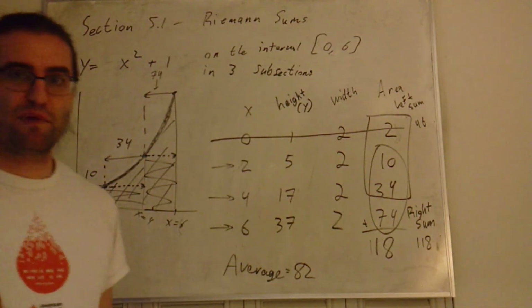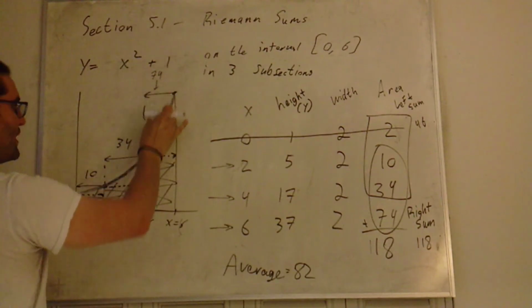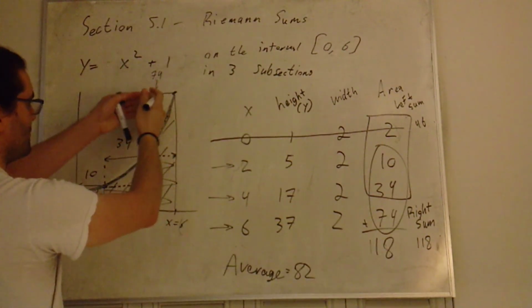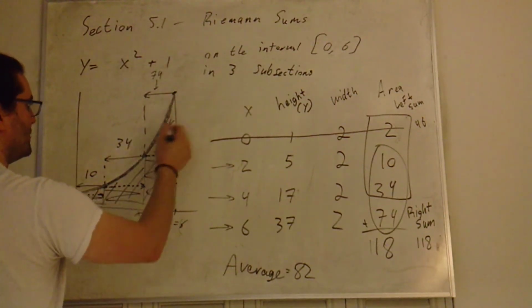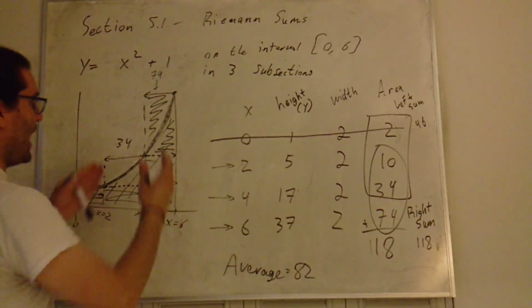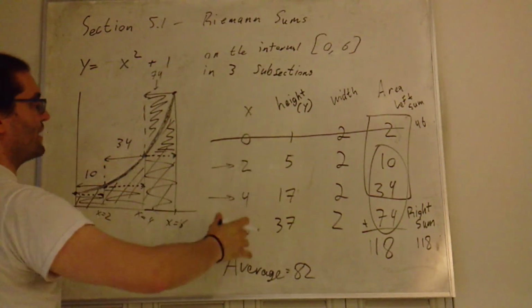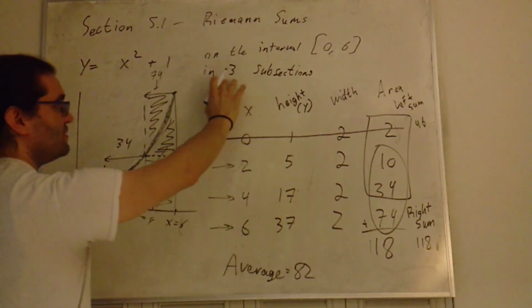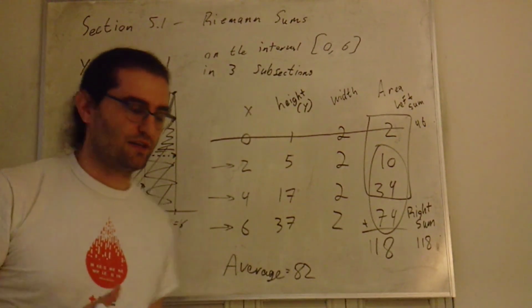Here's how we make this better. Most of the error we're getting comes from this big chunk of space that we're either not including but should be, or are including but shouldn't be. And we can reduce that amount of space by using more rectangles. So this one only used 3 rectangles. And 3 rectangles is not how you get accuracy out of this thing.